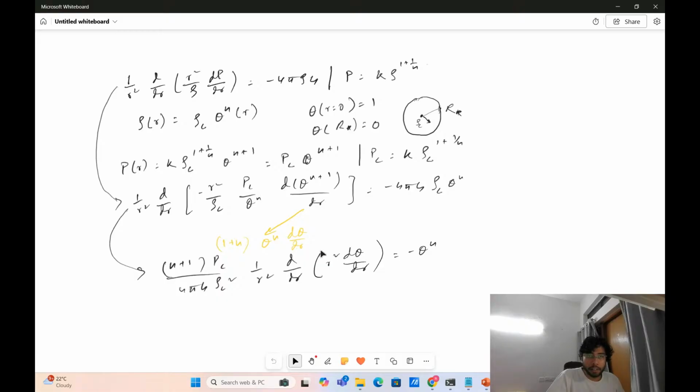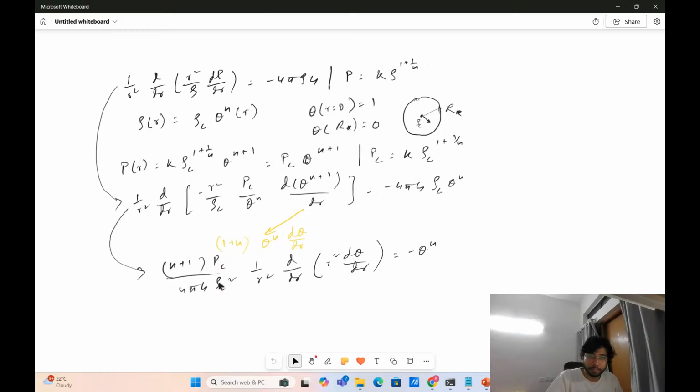Okay. So I guess at this step you can realize why we took a form like this, because this reduces down to a very clean form, theta to the power of n. If we'd have taken something else, maybe 5 plus 1 by n, then this wouldn't have reduced to this clean form, right? That's why we did this change of variables.